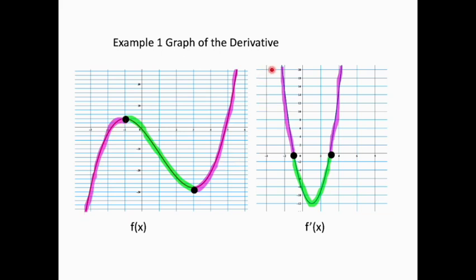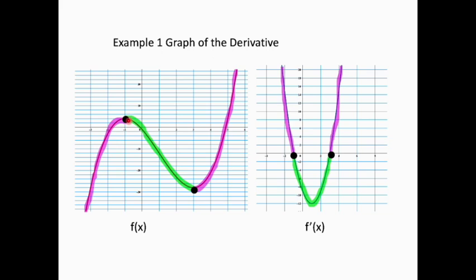And if you look at the derivative, positive means it's going to lie above the x-axis. So anywhere that it's above the x-axis is where it's increasing on the original function. So from -infinity to -1, the derivative should be positive, meaning above the x-axis.